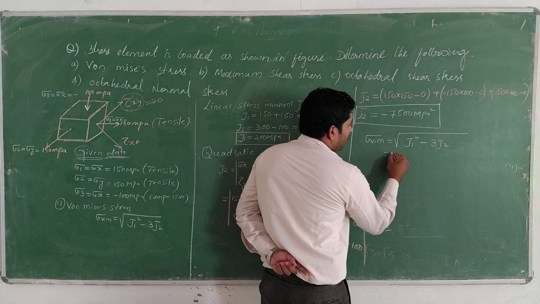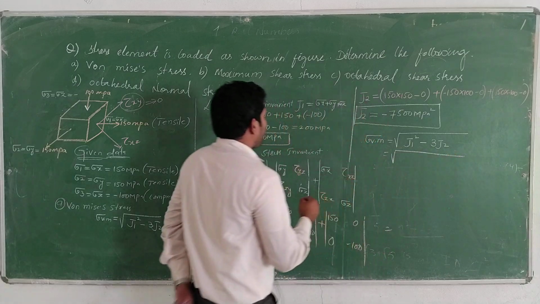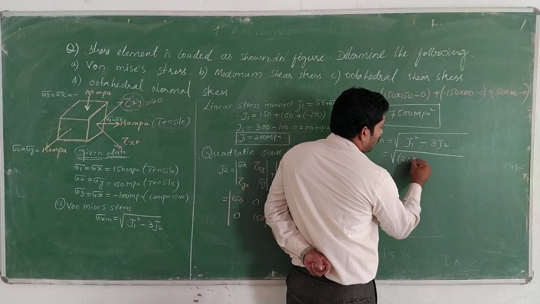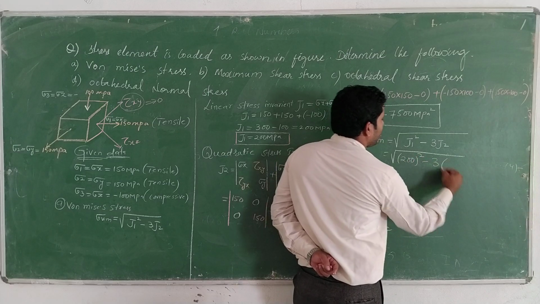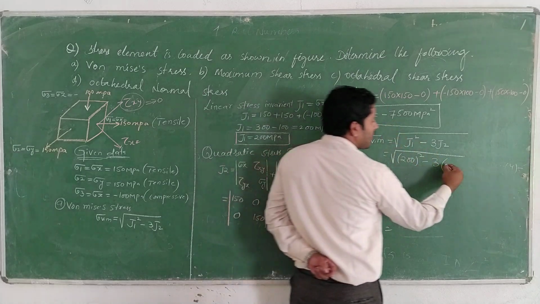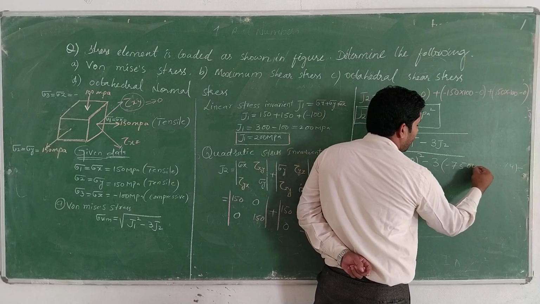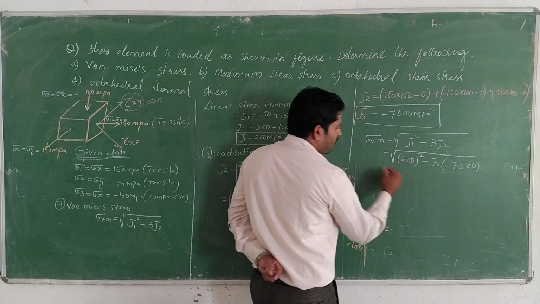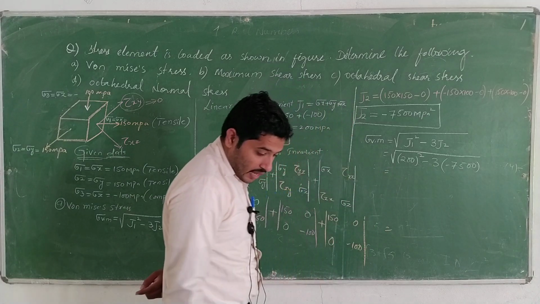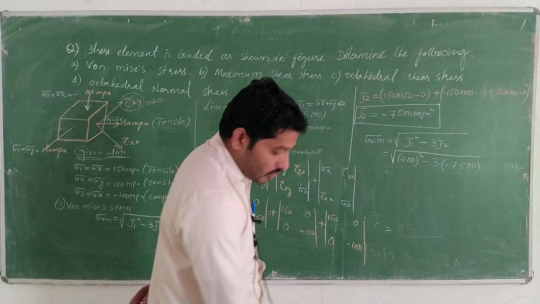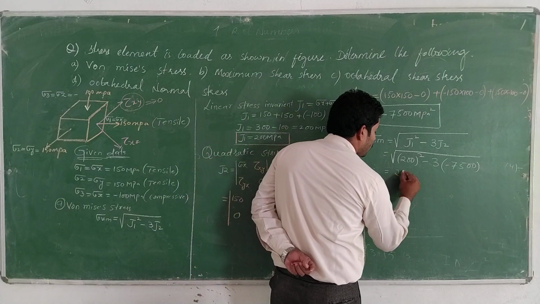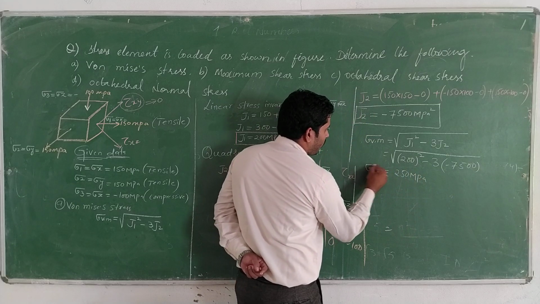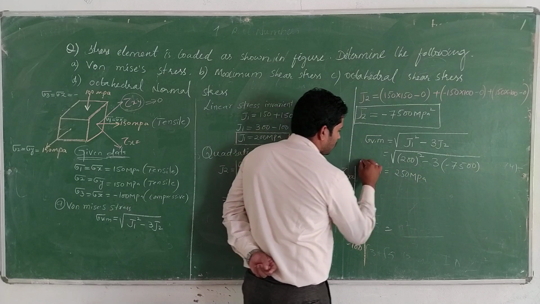Okay dear, J1 value we got is 200. So 200 whole square minus 3 times J2 value, which is minus 7500. Then you need to calculate with the help of calci. Then you will get the answer 250 megapascal. That is the value of von Mises stress.